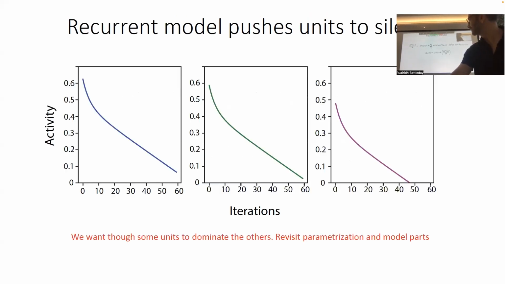And what I get is no winners, but I need to work a bit more on the coding and the model. This is the activity as a function of iteration for different units. We would expect, eventually, as we work on the model, that one of the activities will stay stable and diminish the other activations. So I'm almost done.